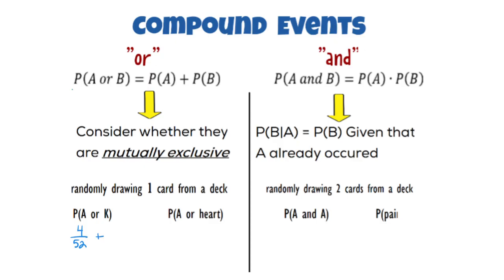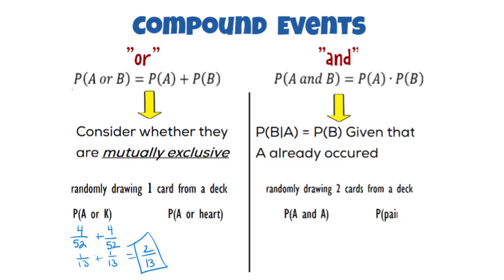Now I want it to be maybe a king. Okay, well, there's still 4 kings in the deck over 52 cards. Add these together. Well, actually, maybe you reduce them first. That reduces to 1/13 plus 1/13. Add those together, and we're going to get 2/13. So that's the probability that you get an ace or a king when you draw.